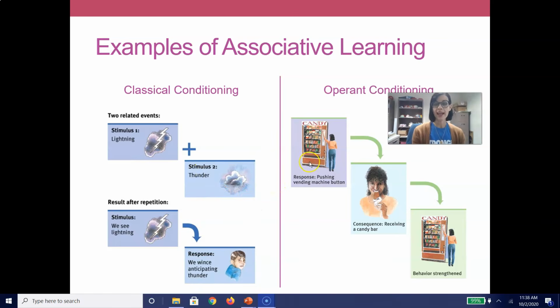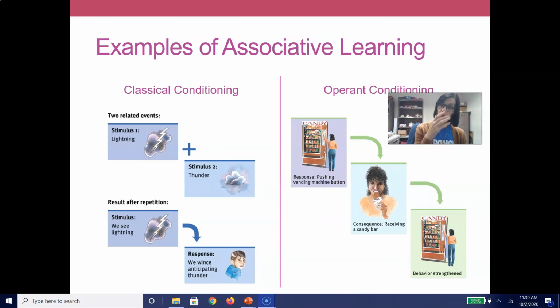So let's say I am hungry and I go to the vending machine and I get a candy bar. Now, in this case, because I engaged in this behavior and got a candy bar, I'm going to be more likely to use that vending machine in the future. Now, on the other hand, let's say that I put money in the vending machine and I pushed a button and nothing came out.